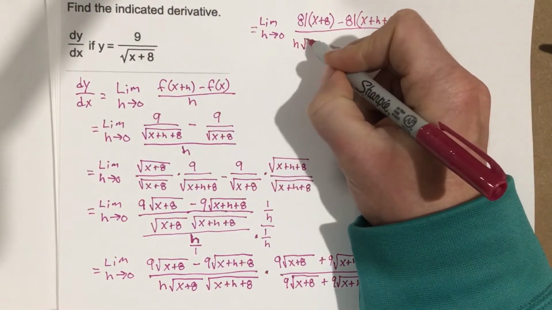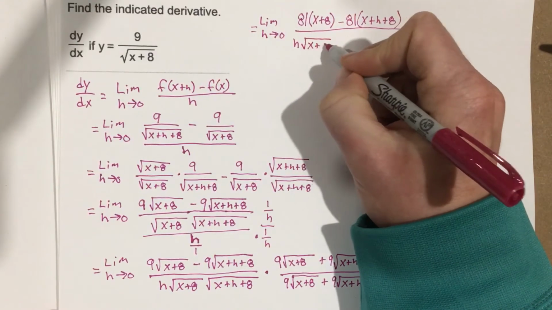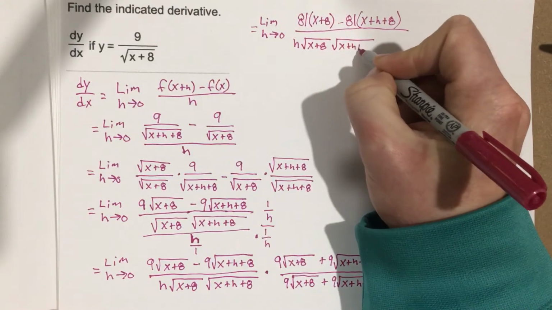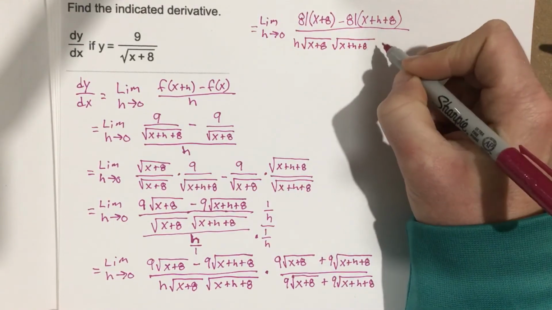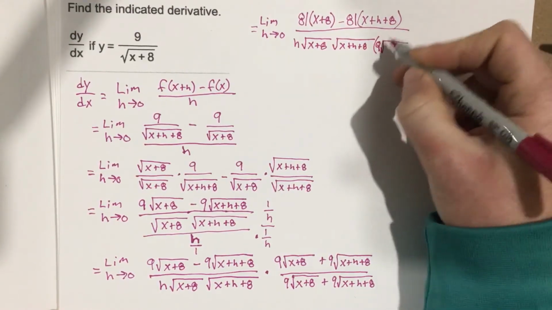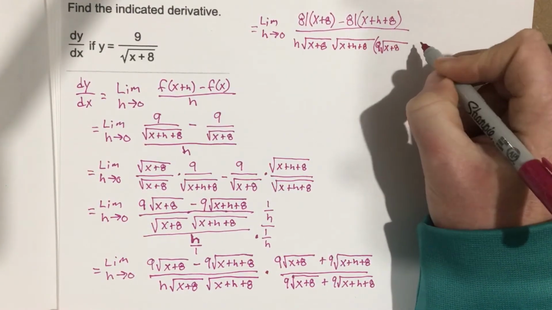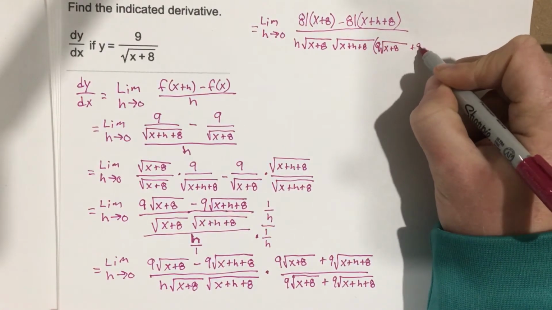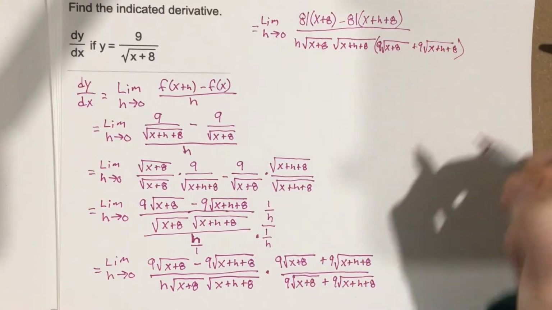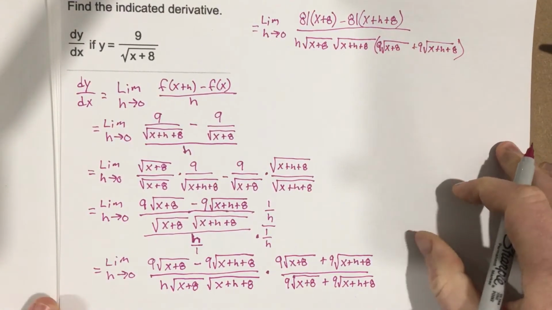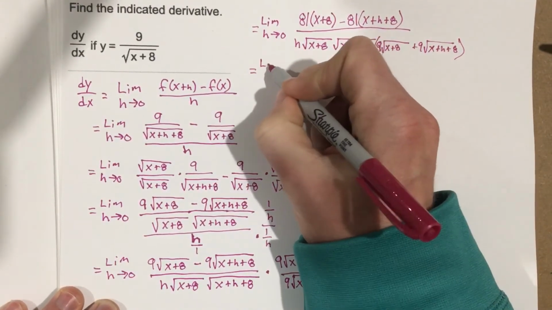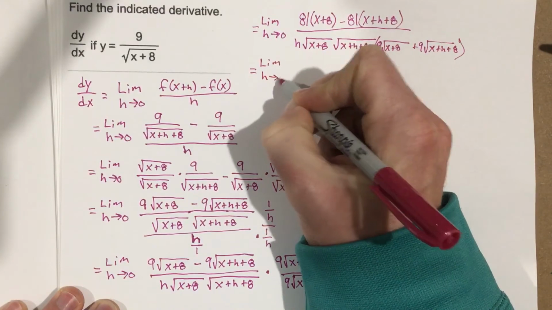This is root x plus 8, root x plus h plus 8, and then 9 root x plus 8 plus 9 root x plus h plus 8. So we're going to end up with limit as h approaches 0.